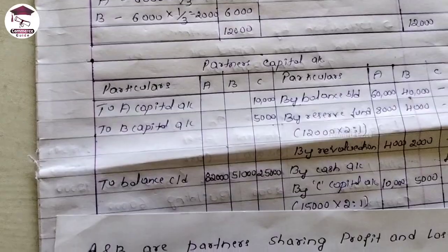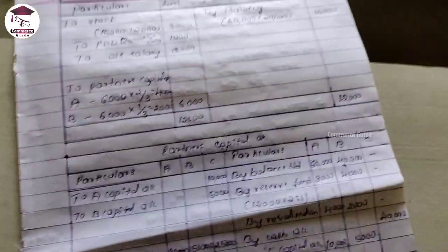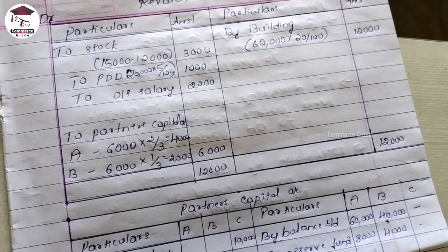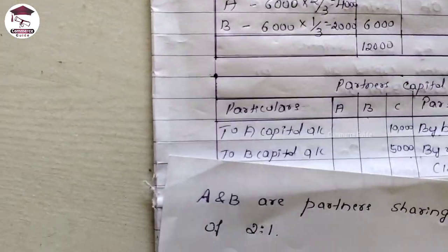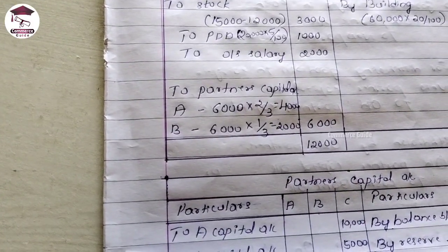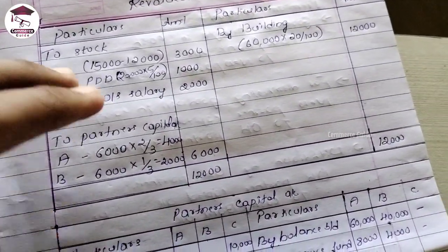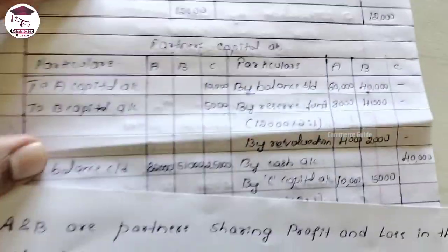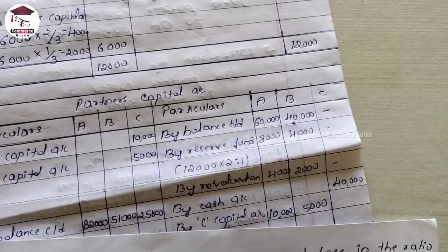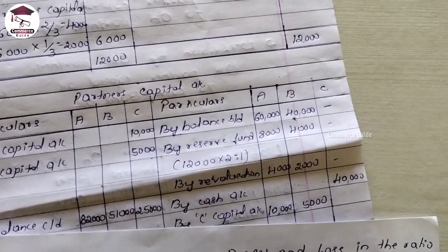After these items, we need to see the revaluation account. The amount transferred to the partners capital account for A and B, that is 4,000 and 2,000, we need to write by revaluation account. The entry is revaluation account debit to partners capital account.